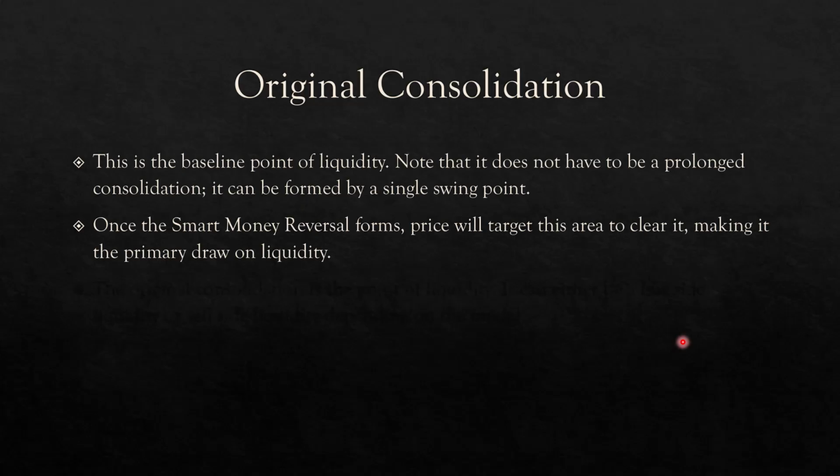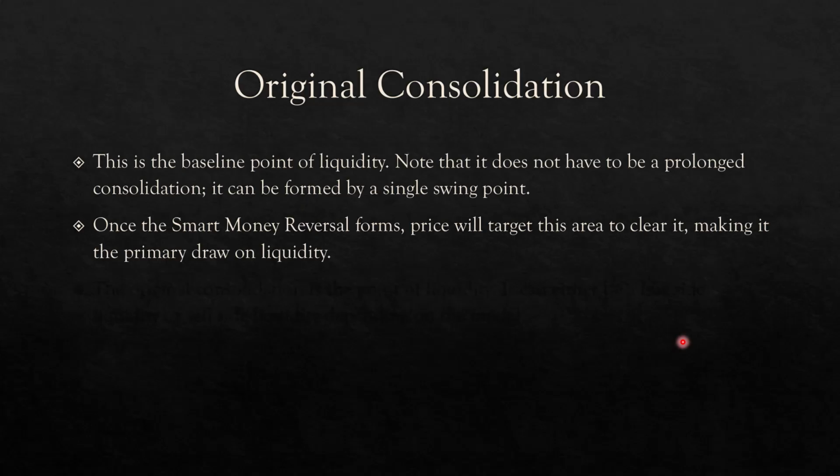Once the smart money reversal forms, price will target this area to clear it, making it the primary draw on liquidity. And again, like I mentioned a few minutes ago, we are not interested in capturing the tops and the bottoms within the marketplace. That is none of our business. But after the smart money reversal formation, we wait for the significant shift in market structure.